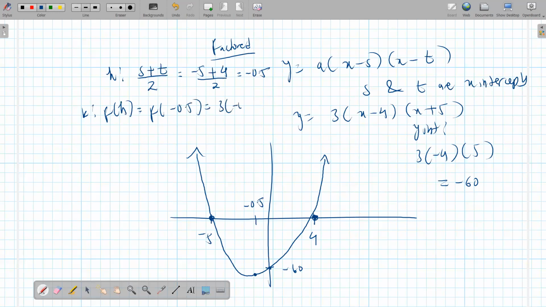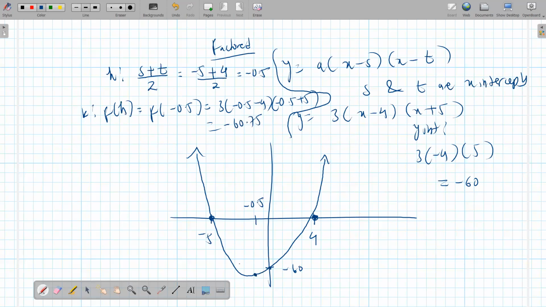So 3 times -0.5 minus 4, -0.5 plus 5. I'm going to plug that in the calculator because that's efficient. So 3 times -4.5 times +4.5. And the vertex is at -60.75. So you see this point here?